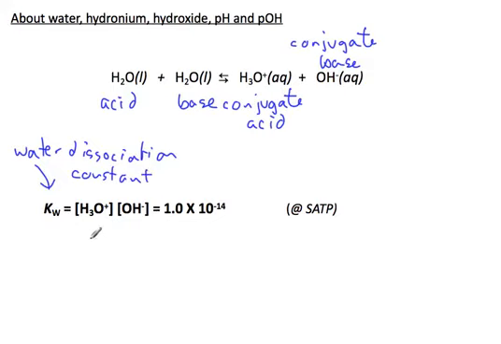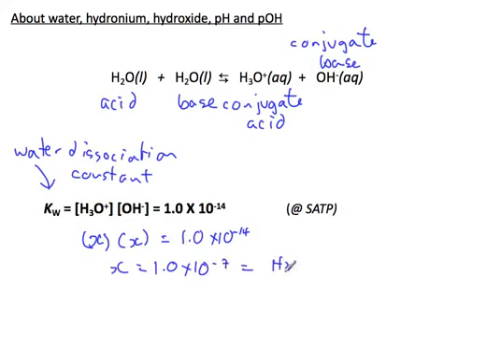If I was to solve that, to find concentrations at equilibrium, I'd let that equal x, and I would solve for x, and x equals 1.0 times 10 to the minus 7 equals, at equilibrium, at SATP, the hydronium ion concentration and the hydroxide ion concentration.